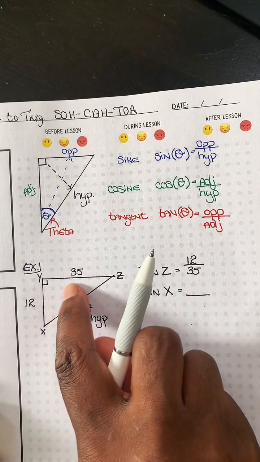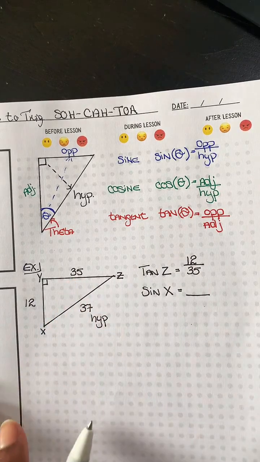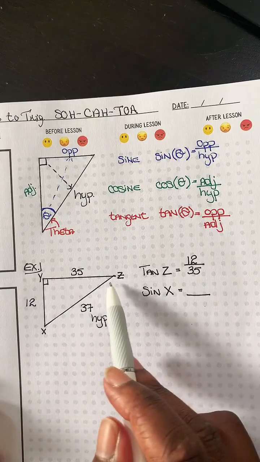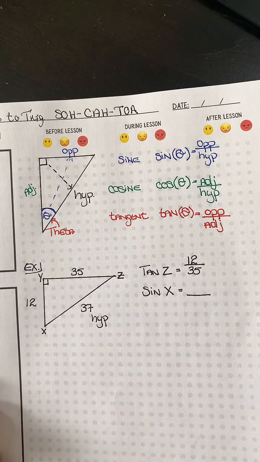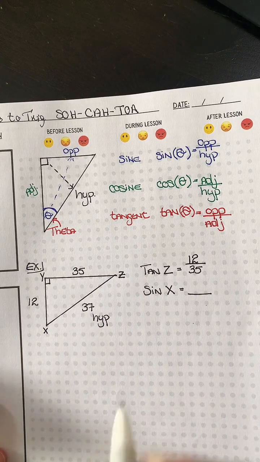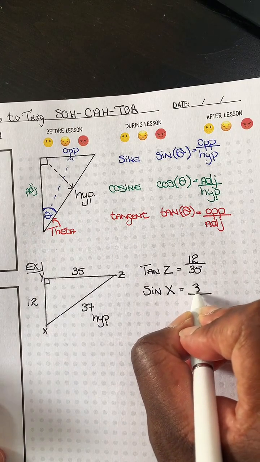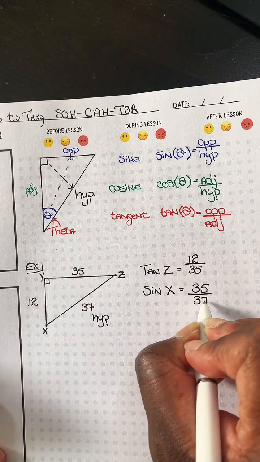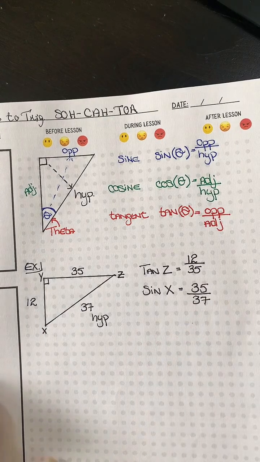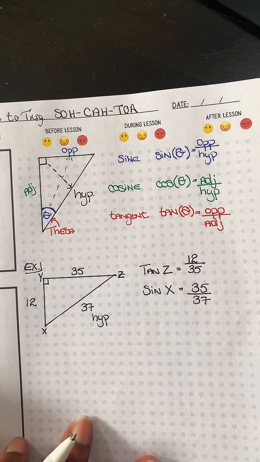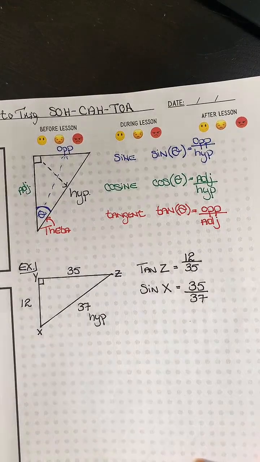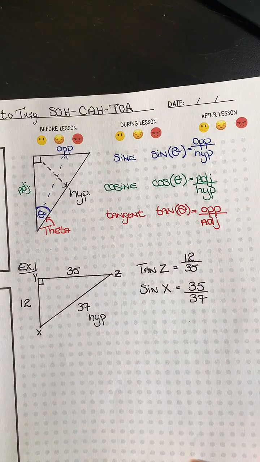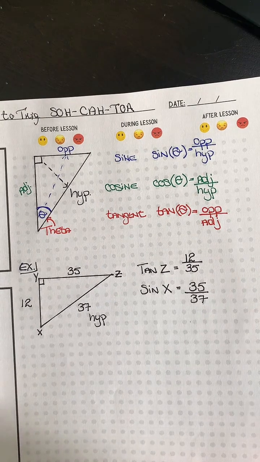So your opposite is the 35. There you go. And then your hypotenuse is the 37. Good. So we have our 35 over 37. All right. Yep, because sometimes we'll switch it around. So sometimes it switches around.